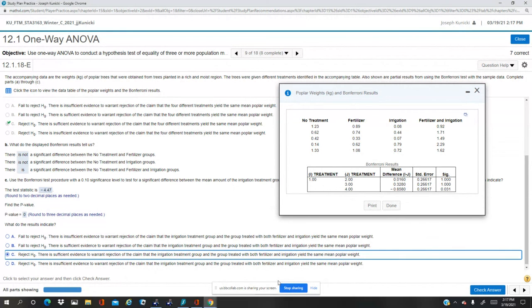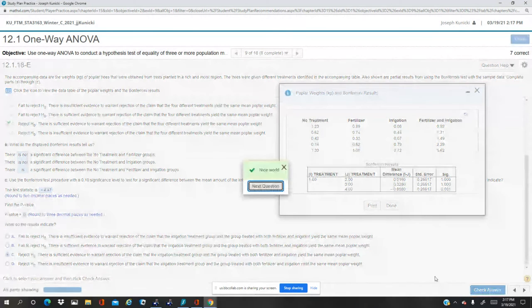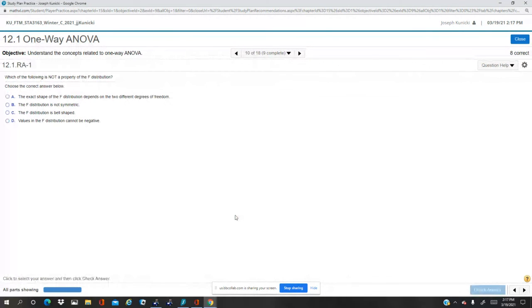So it's C. I almost missed it; I looked at D. It says there's insufficient evidence, so it's C. Okay, that's a tough question, but if you study it, all the answers are available.